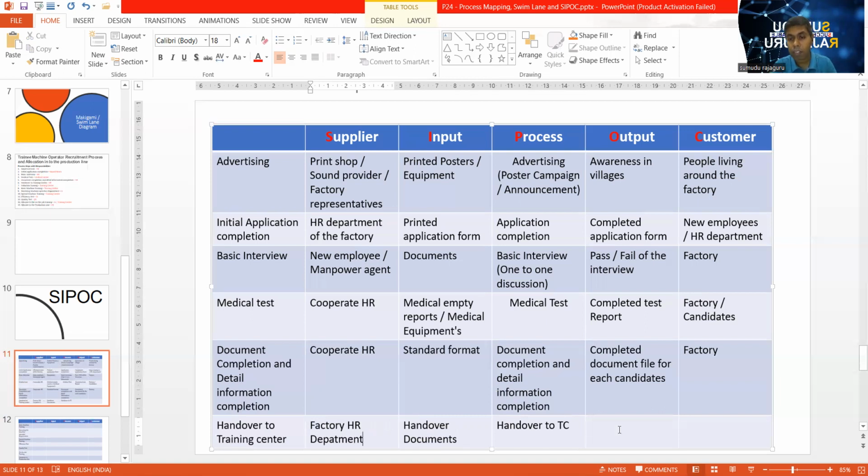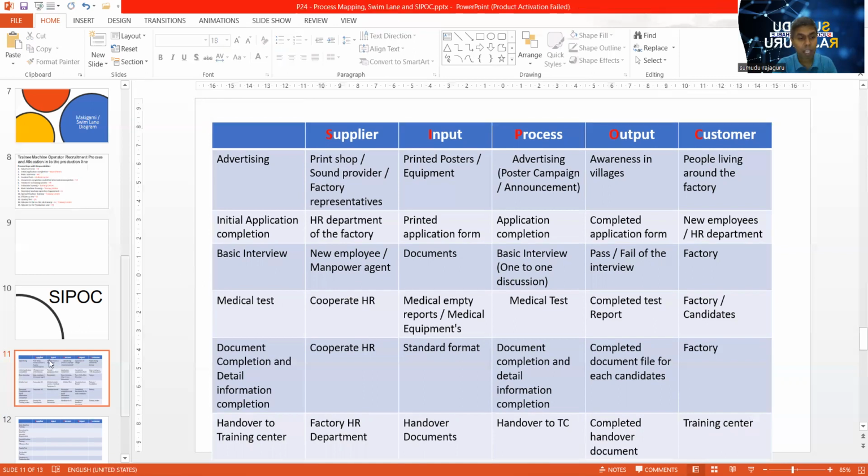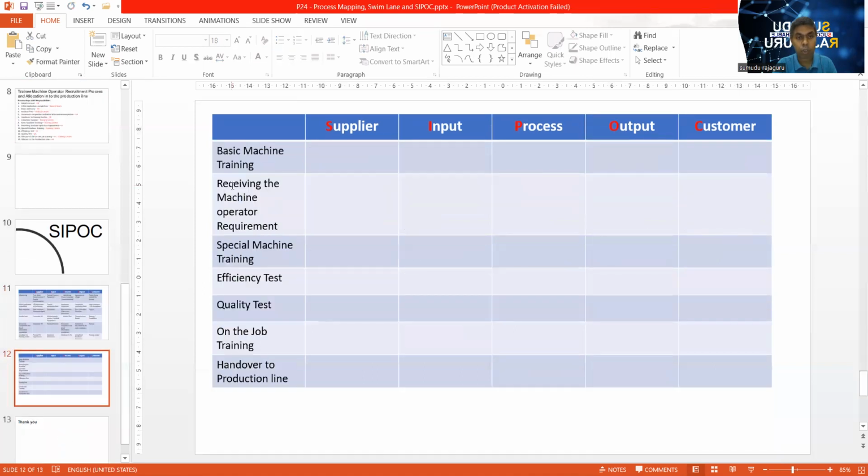What is the output? Completed handover document. Who is the customer? Training center is the customer. Likewise, we can complete the SIPOC chart. We'll move to the next steps also.